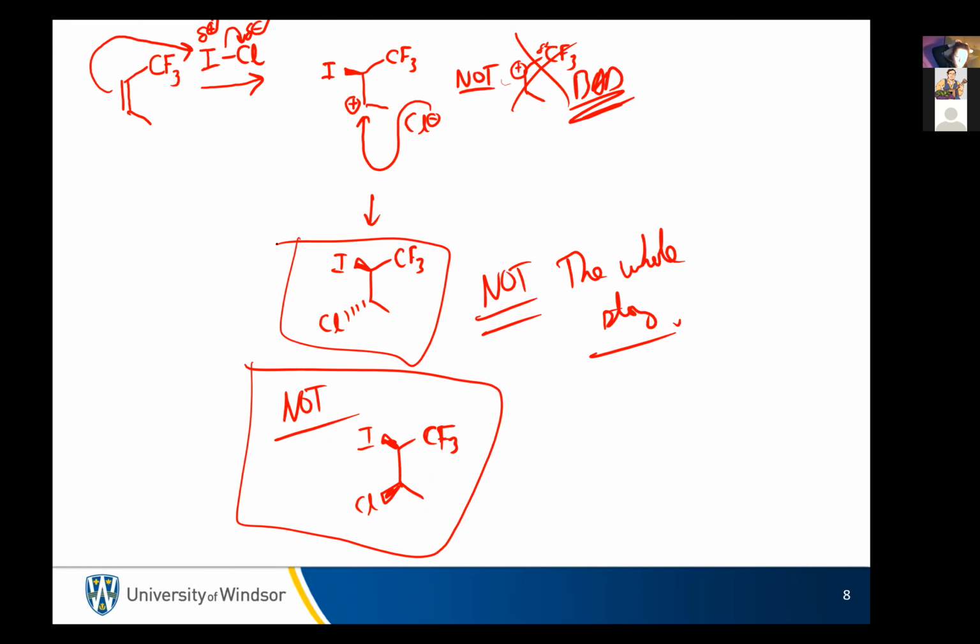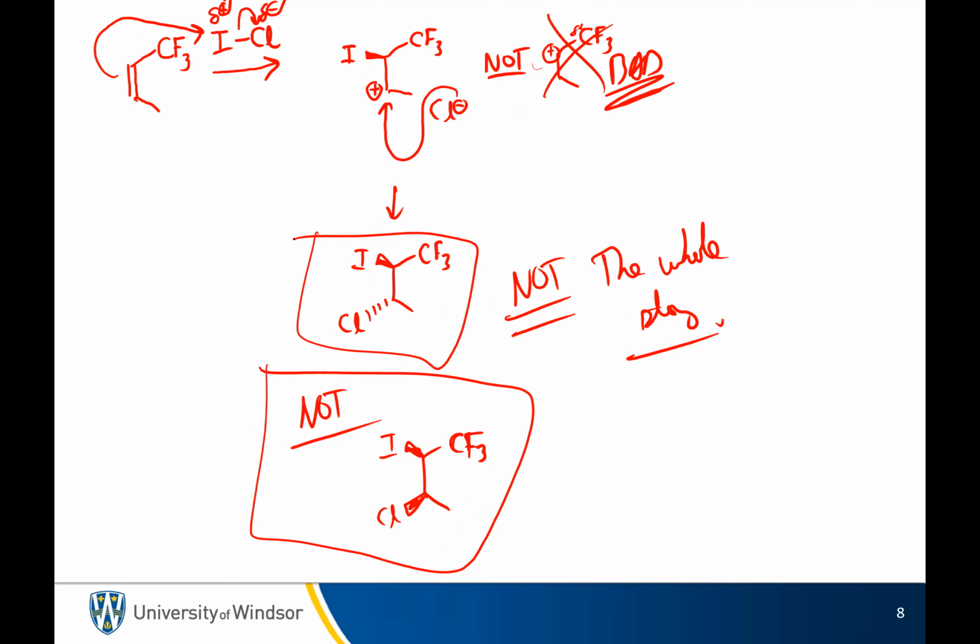You figure out which one's going to be attacked. Very, very aggressive language. Which one's going to be attacked by the lone pair on the double bond, or the double bond, if you want to think of it that way. I think of it as the double bond, but it depends which way you think of it from the previous slide when we were discussing that. And then you figure out which side it goes to, and we went, okay, so it's not going to put the positive charge next to the CF3 because the CF3 is electron withdrawing. We don't want plus next to plus, so we're going to avoid that.